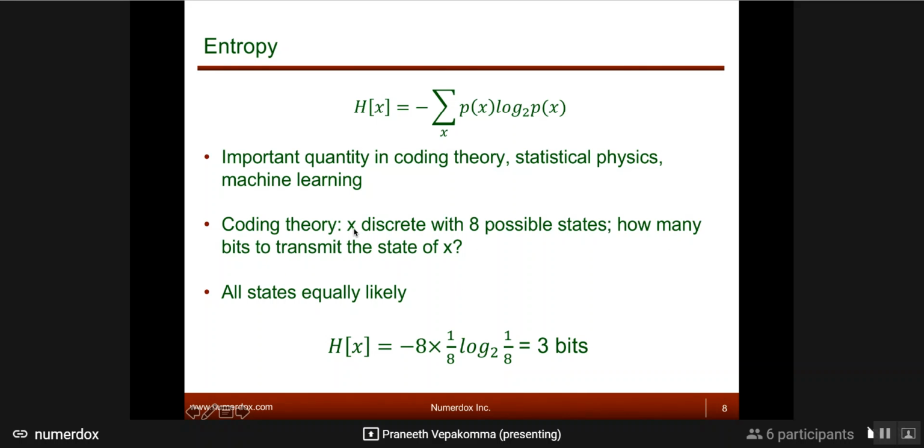So this could be, for example, the state of some player in a video game. You can say, is the character jumping? Is he running? Is he firing? Is he dying? Is he crouching? Is he crawling? These are 8 possible states of X.